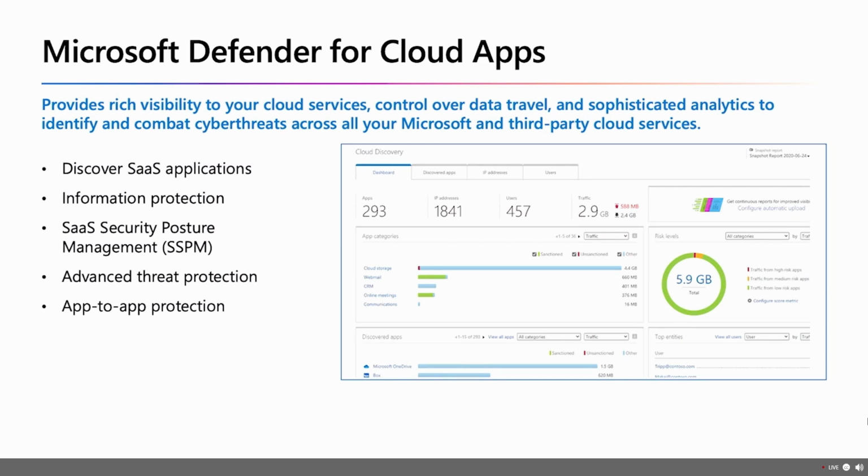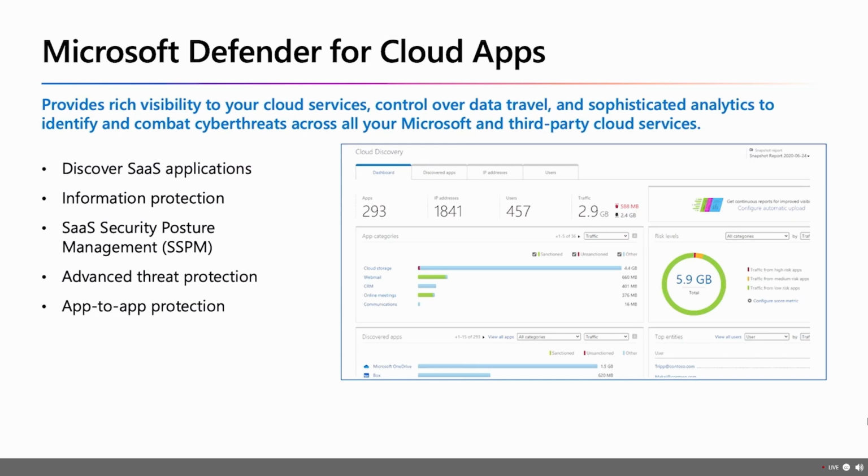Also, it has a SaaS security posture management. This feature enables security teams to improve the organization's security posture. In addition, it has advanced threat protection as part of Microsoft's Extended Detection and Response solution, XDR, enabling powerful correlation of signals and visibility across the full kill chain of advanced attacks.